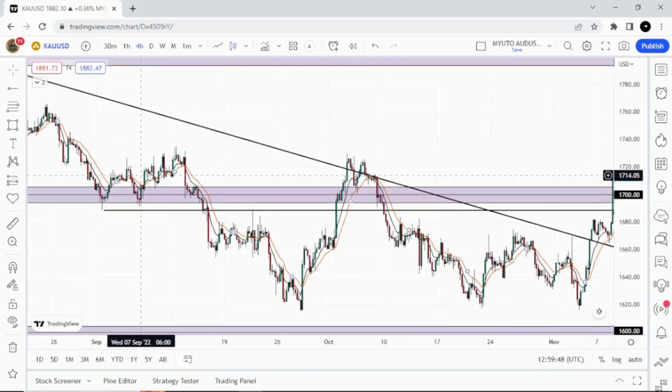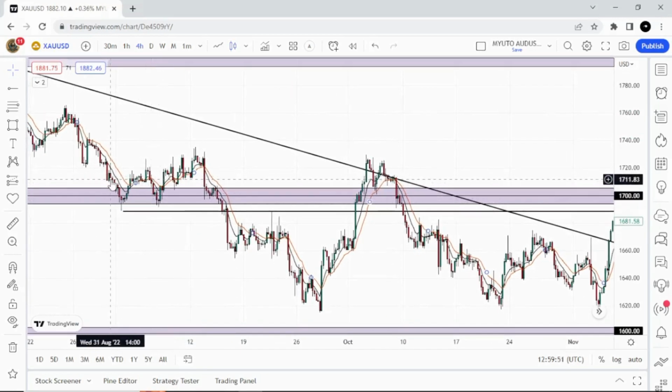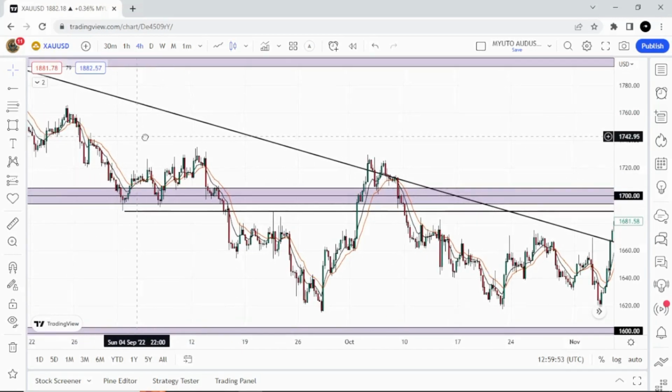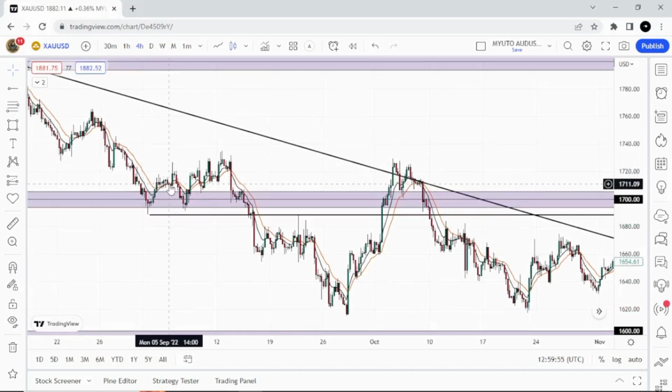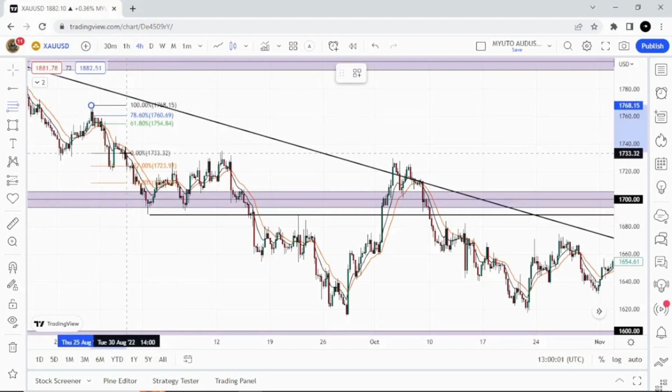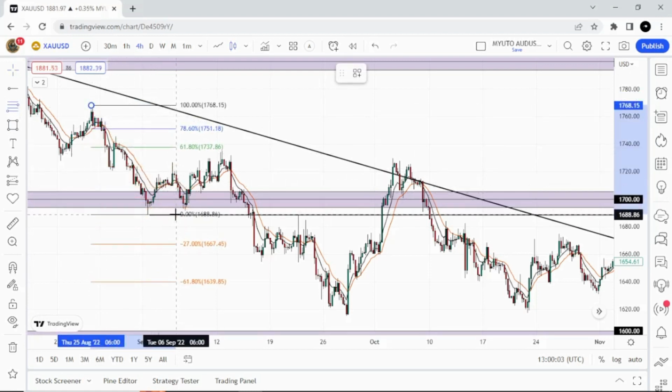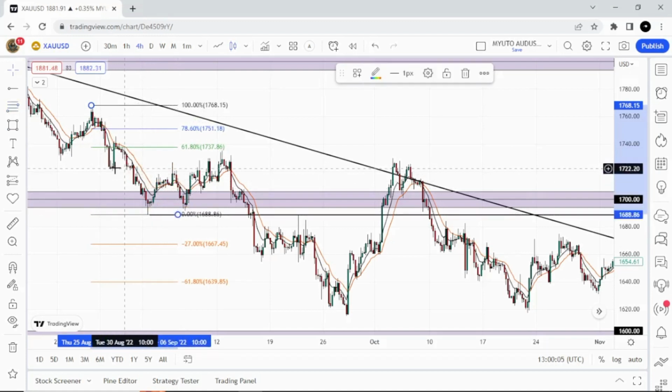So this is what price may do sometimes. When it reaches a significant level, it will retrace just to break the zone. So you can see from here, it retraced back to this significant level in here.